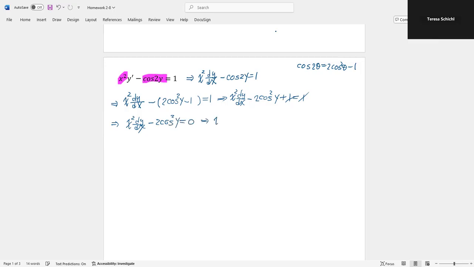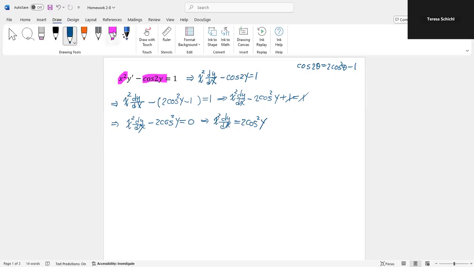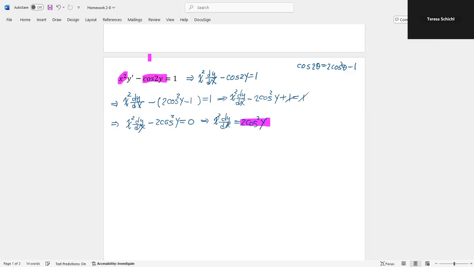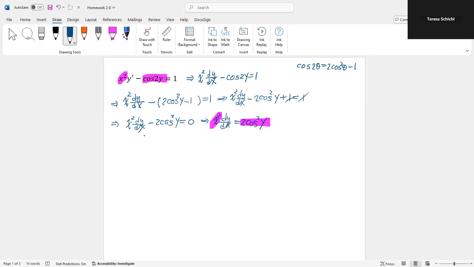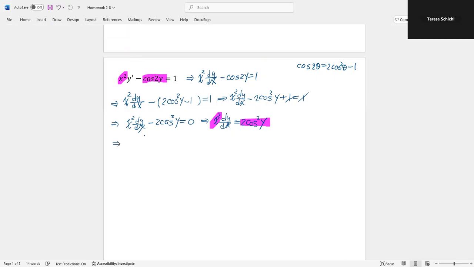Then I can move this term: dy/dx equal to 2 cosine squared y. Now you can see what I mean when they're all by themselves, right? This is all y, and this is x. So this will be an excellent candidate for variable separation. So I put all the x on one side and y on the other side.